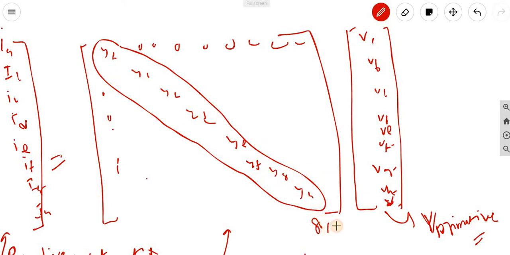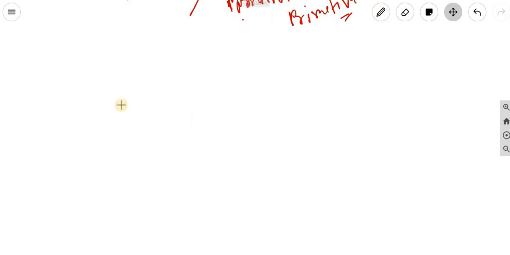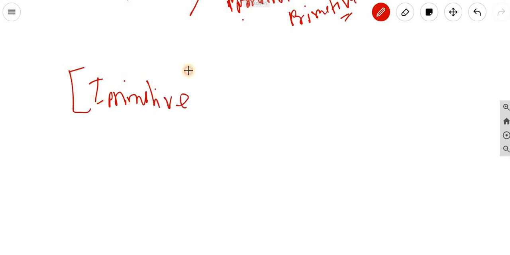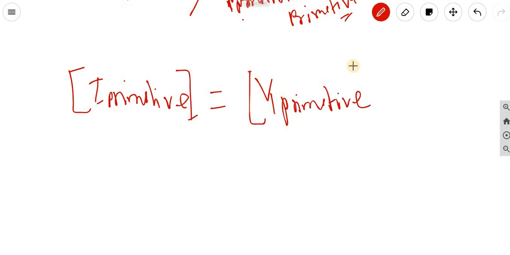For this case it is 8 by 8, with only the diagonal elements present. So for this case we get I primitive, the Y primitive matrix, and E primitive.